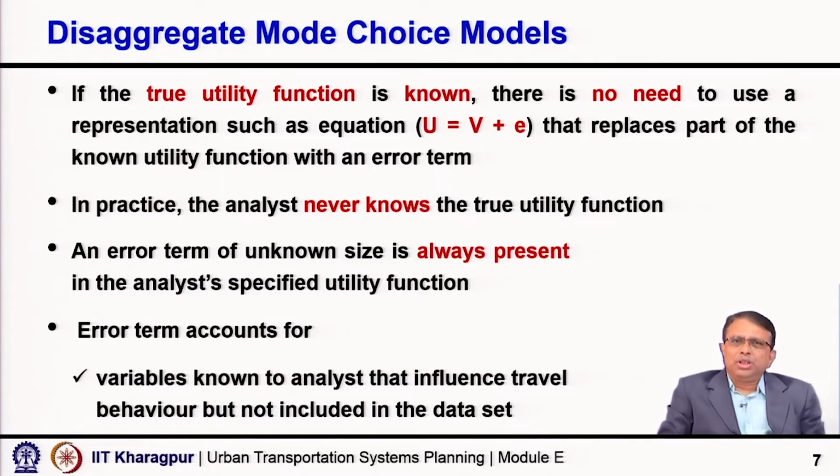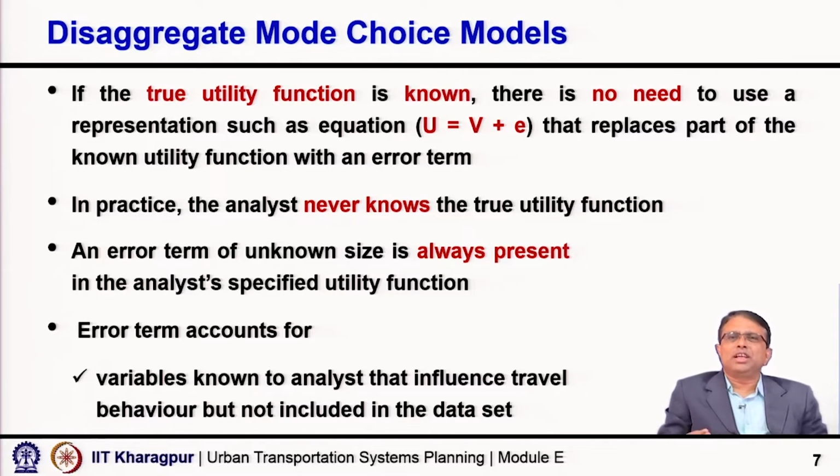Now, if the true utility function is known, that means if these error terms are also known, and exactly as I said in all the 3 examples, if we knew this component or if we had considered them in the specified utility, then there was no need to use a representation such as V plus E equal to U. That means, true utility is specified utility plus error term.